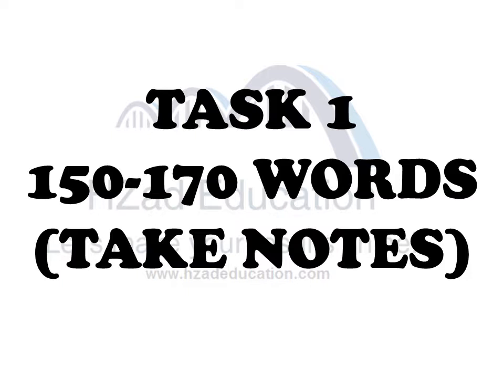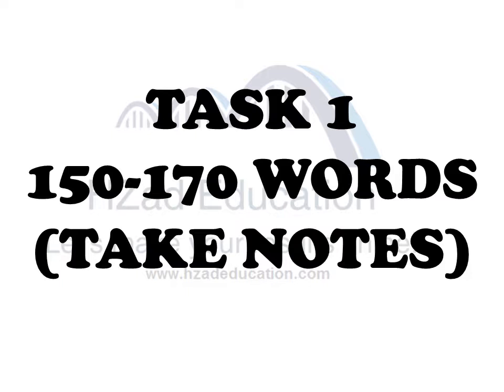Number one is Task 1 requires between 150 to 170 words. Once again, I want to stress this, that the word limit is a minimum limit. You just have to write more than 150, but of course you cannot write 500 words. So an ideal limit is to finish in between 150 and 170 words.